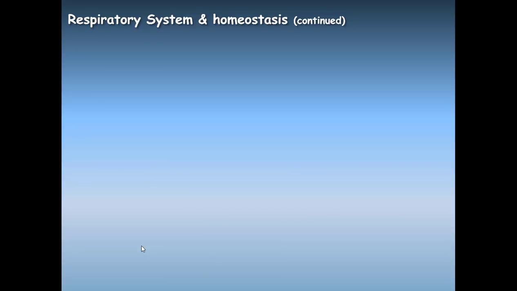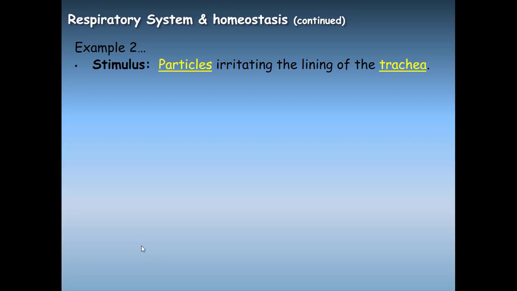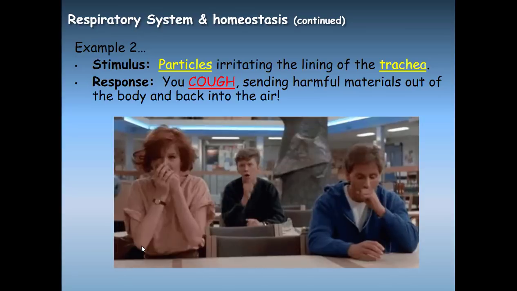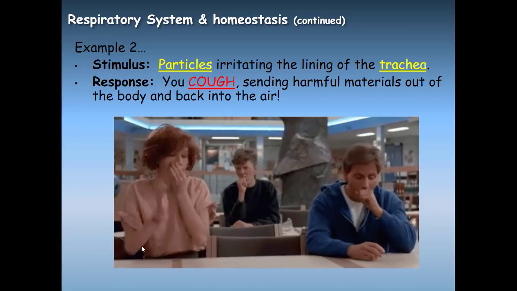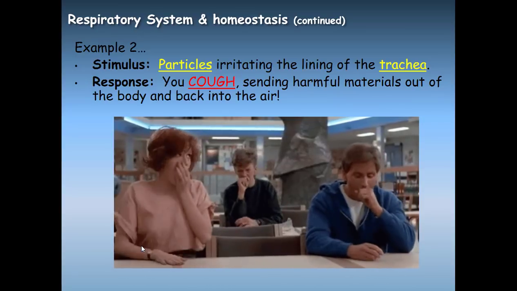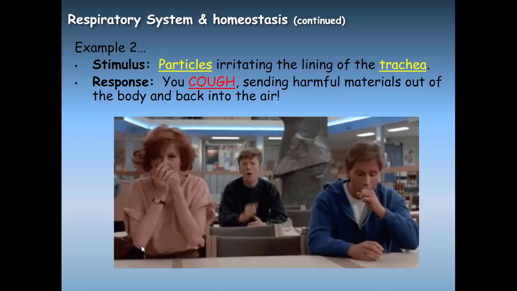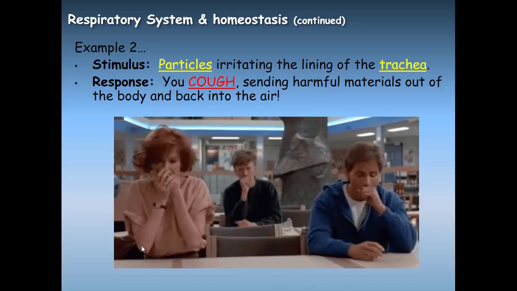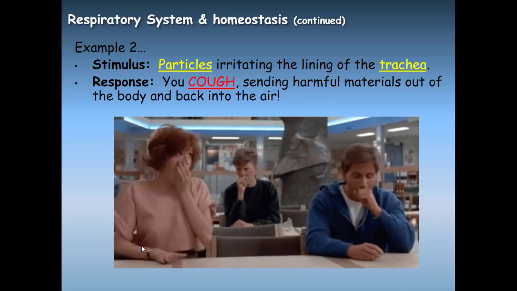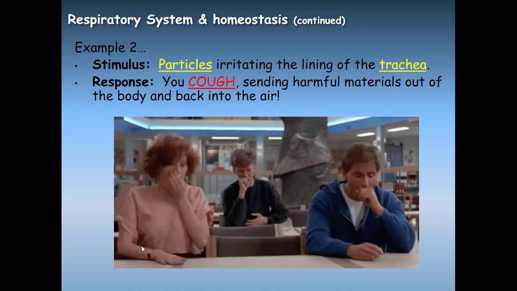Here are some other examples of how the respiratory system helps us with homeostasis, keeping us in balance. Example number 2, if you've got particles irritating the lining of your trachea, then you're going to cough, which is going to send those harmful materials out of the body back out into the air. Again, maybe gross for those around you, but it's going to be the best thing for your body, your survival.